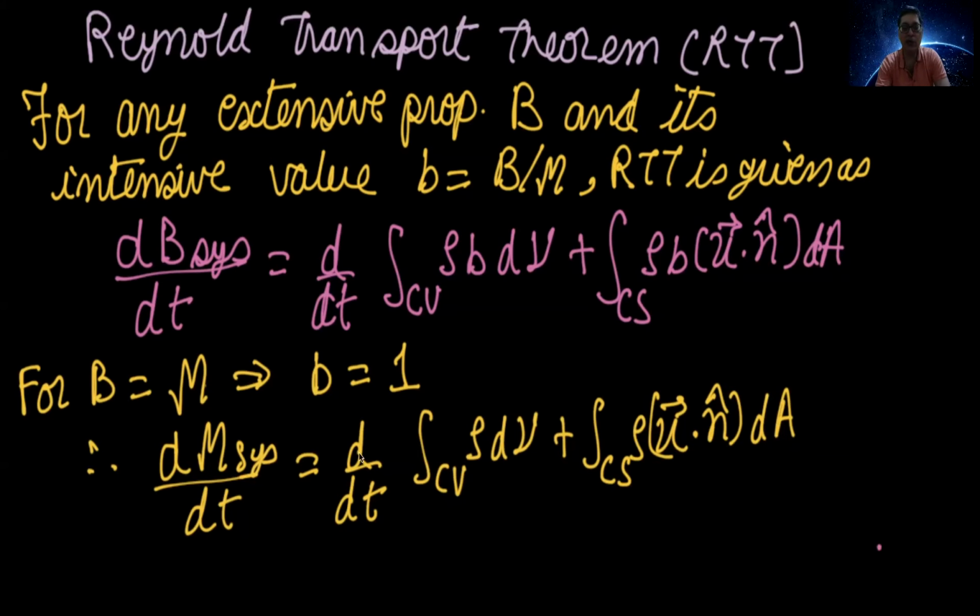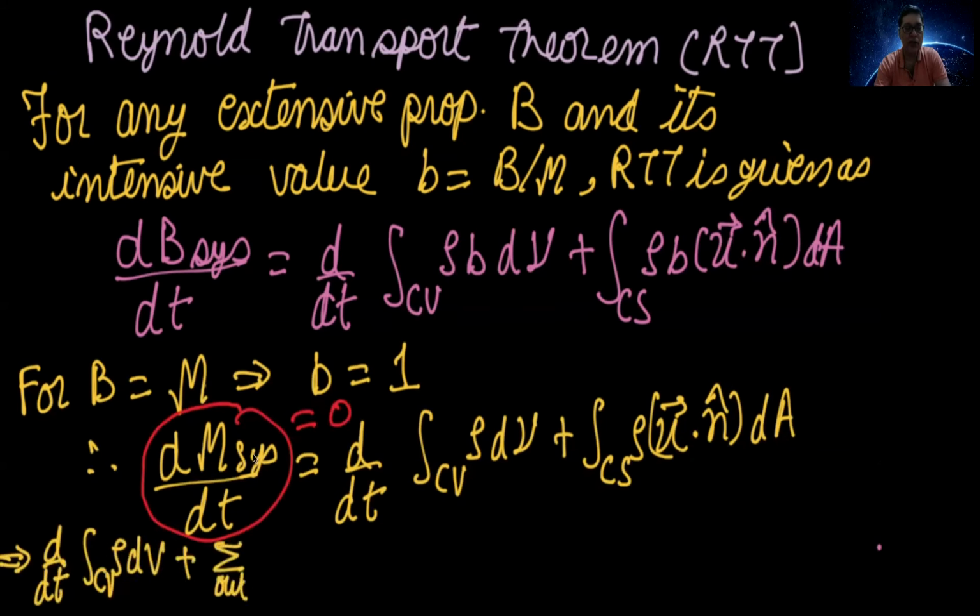This expression is obtained from the Reynolds transport theorem, which is a generic expression for correlating the rate of change of any extensive property for a system with an intensive property corresponding to a control volume. In this case, all of us know that mass can neither be created nor destroyed.